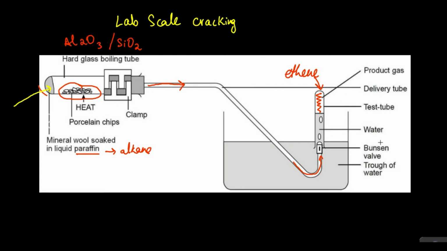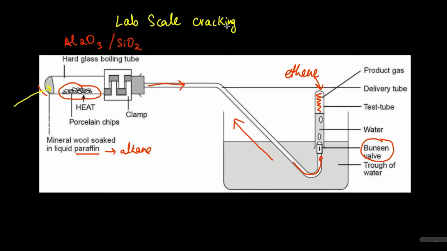This Bunsen valve is here to prevent the water from getting sucked back into the hot boiling tube, so that the water cannot go back like this, because that would ruin our experiment. So this is the entire structure of the lab scale cracking diagram, and you need to know how it works.